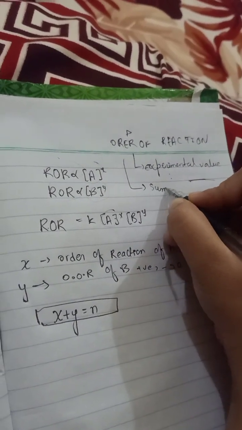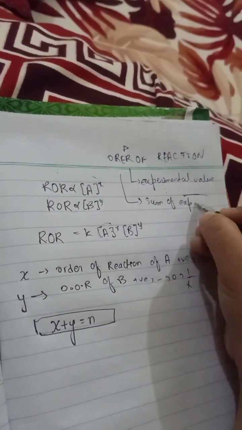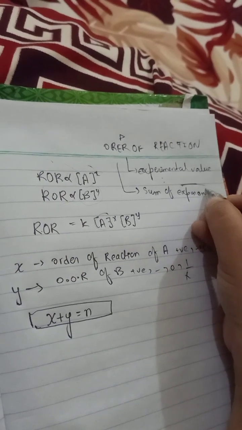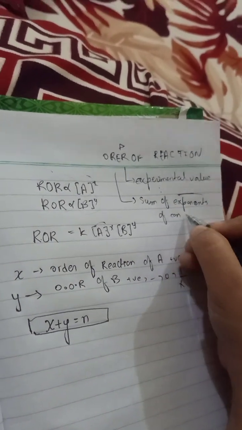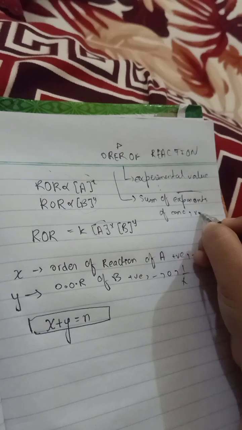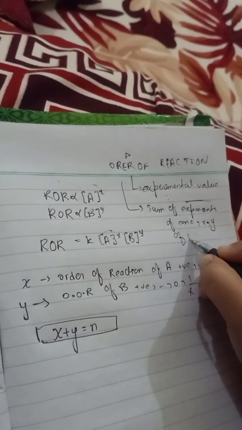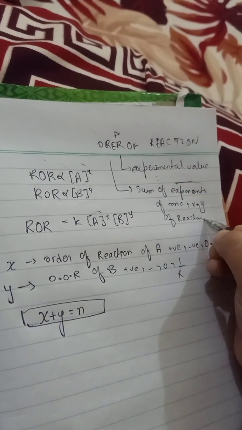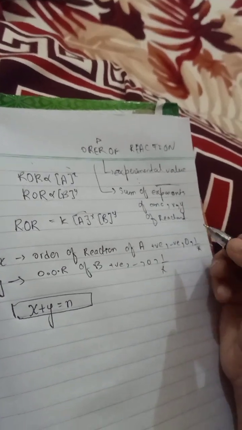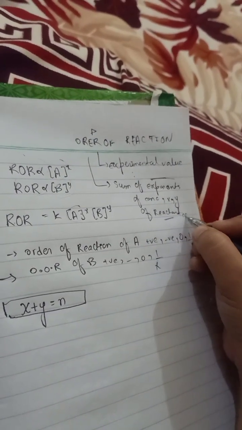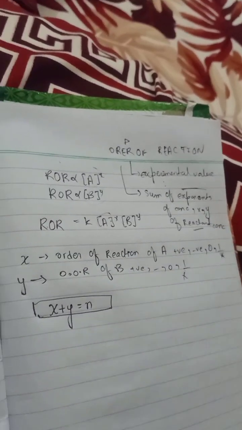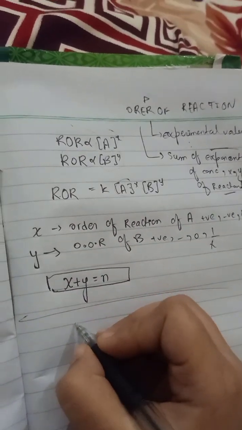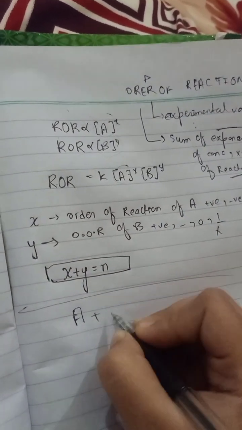It is the sum of exponents of the concentration of X and Y of the reactant, only the reactant, because rate law exists on the reactant, in the rate equation.